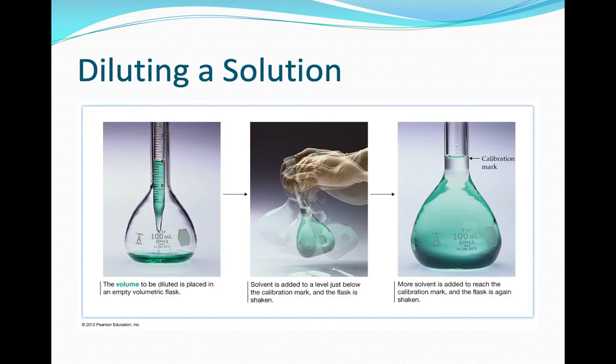One thing I will note: if you have, say, 10 milliliters of solution and you need your final solution to be 100 milliliters, you're going to be adding 90 milliliters of the solvent to get to that new total volume. So you do have to keep track of starting and ending volumes versus what you have to add, because they're not necessarily the same thing.